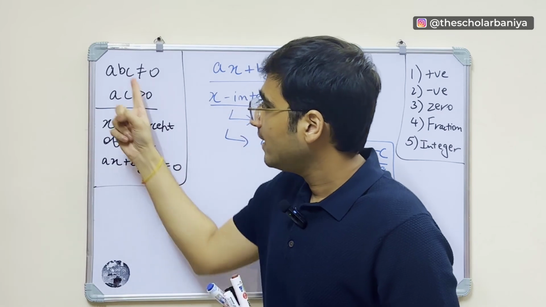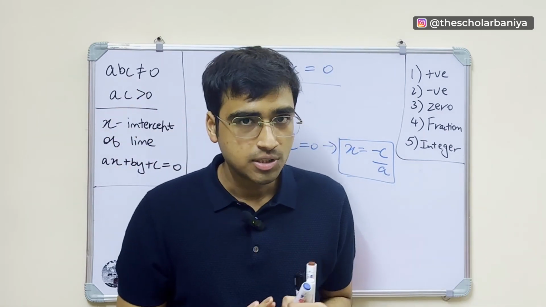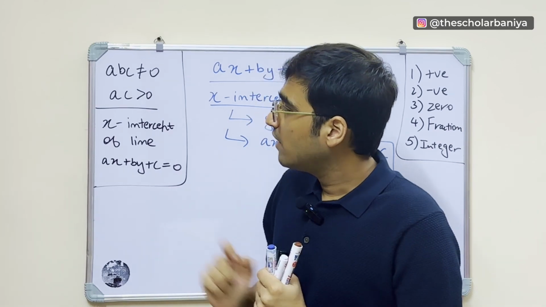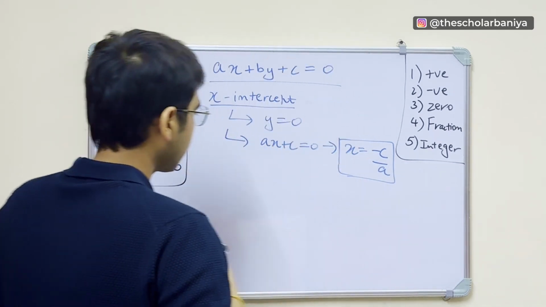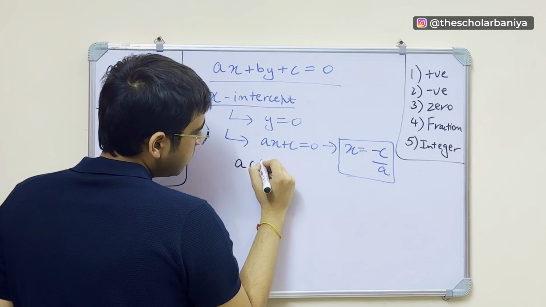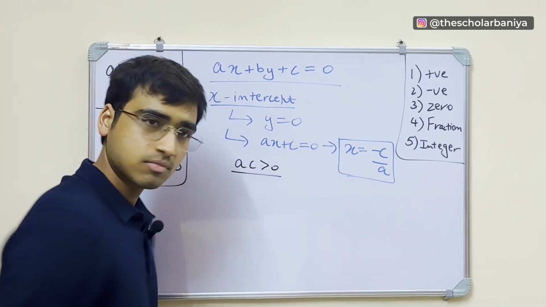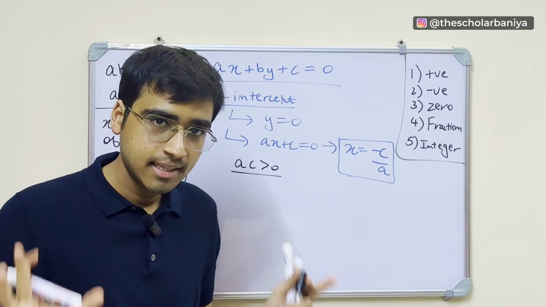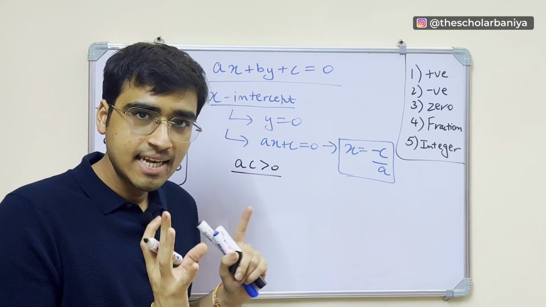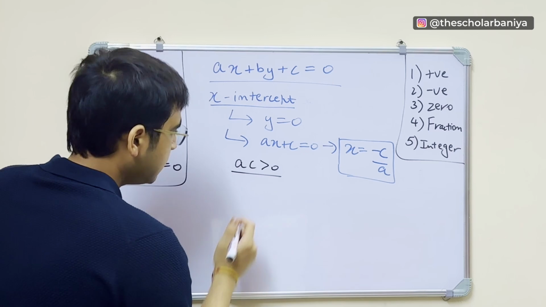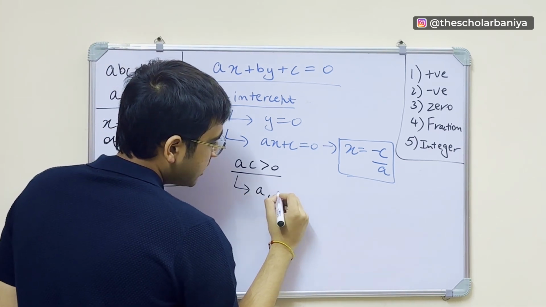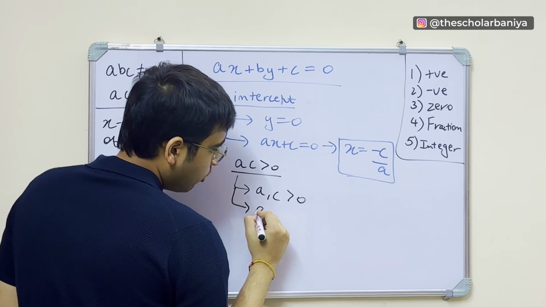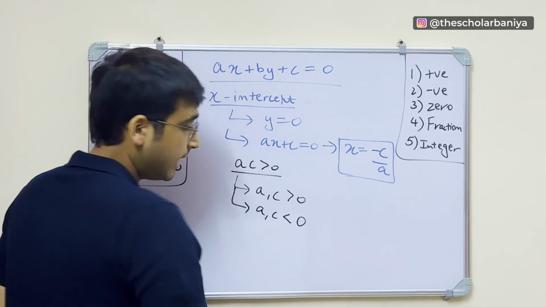Now we also know that ABC is not equal to 0 and AC is greater than 0, right? Now tell me one thing, if AC is greater than 0, that means either both A and C are greater than 0 or both A and C are less than 0, right?